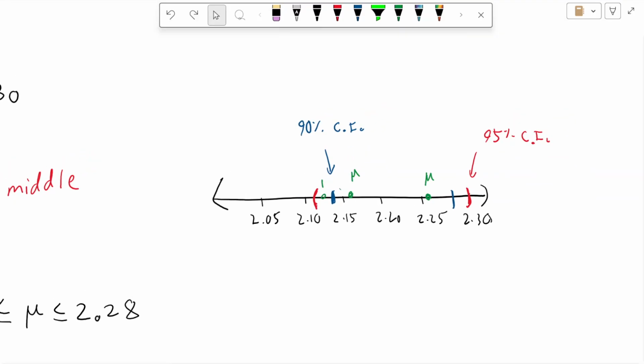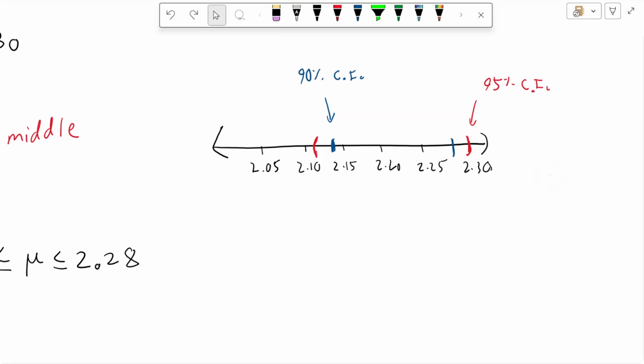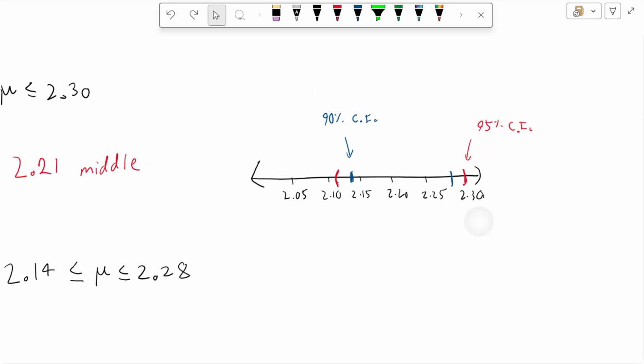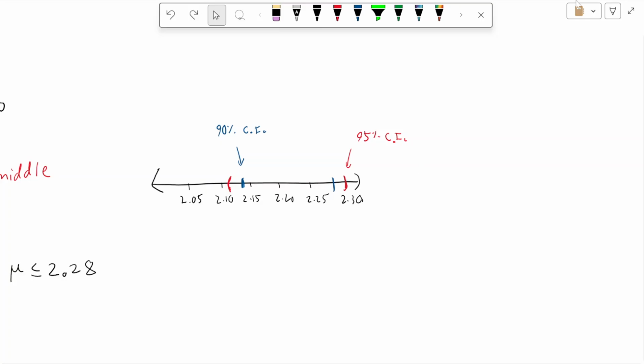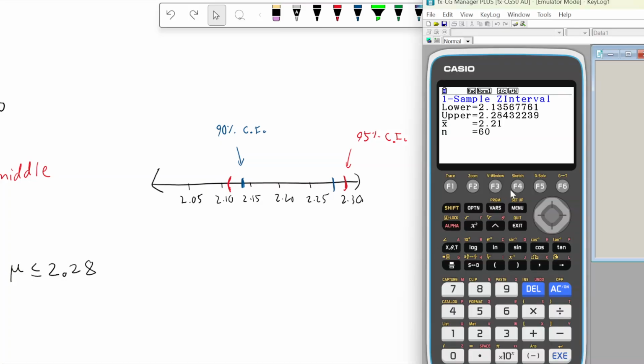Okay, so the other thing that you can do is you can specify how wide you'd like the confidence interval to be. One thing that I will show you quickly is if I change it so that I didn't have 60 Pomeranians, I had 10. You'll notice that the interval is way wider, 2.02 to 2.39.